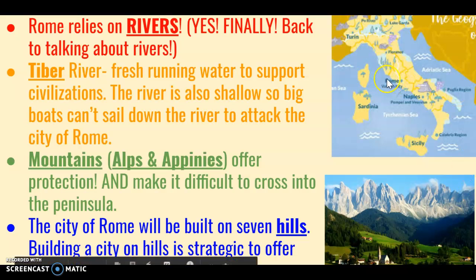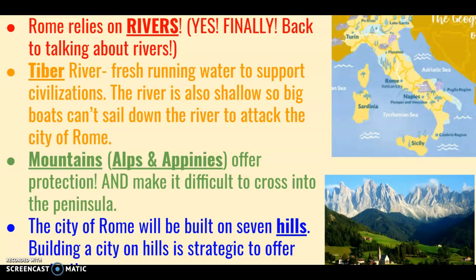Again, right here on this map, it's a little blurry, but we see Rome, the capital city. So the Tiber River runs right by it, but it's too shallow for big boats to sneak attack and take over Rome, which is a good thing for the Romans.